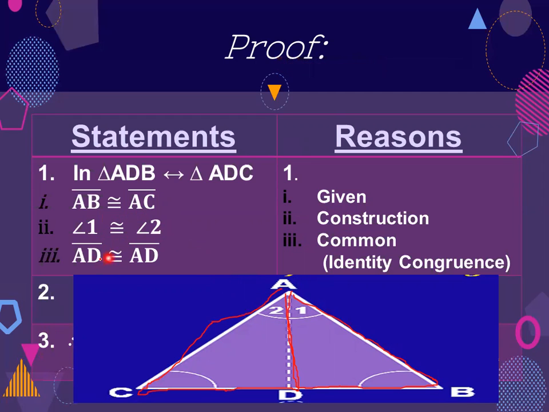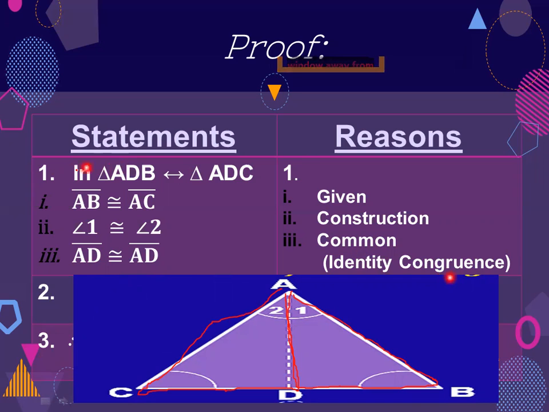And AD is congruent to AD. Why? Because, as you can see, AD is a common side of triangle ADB and triangle ADC. That's why we write common, or you can say identity congruence.